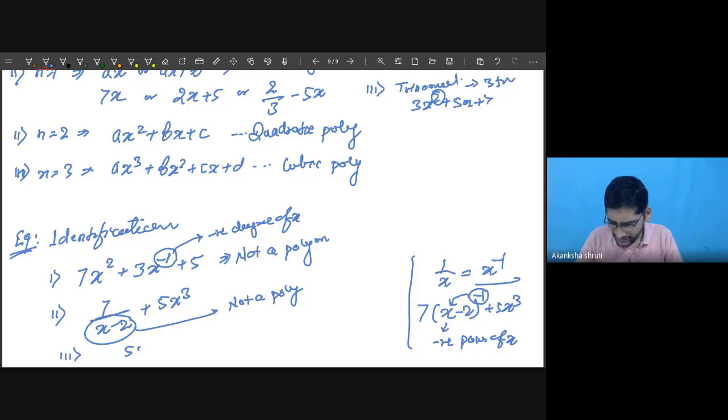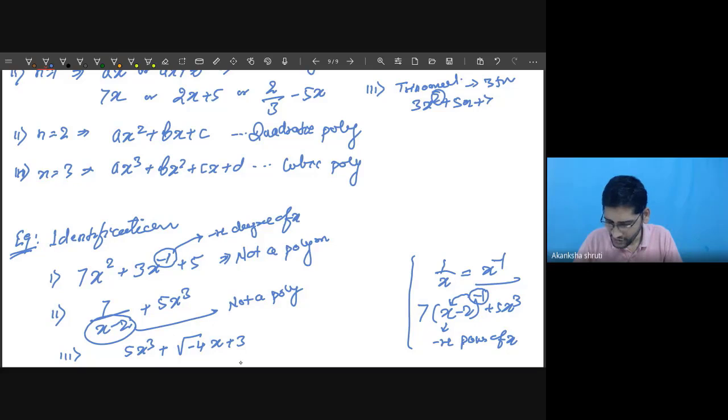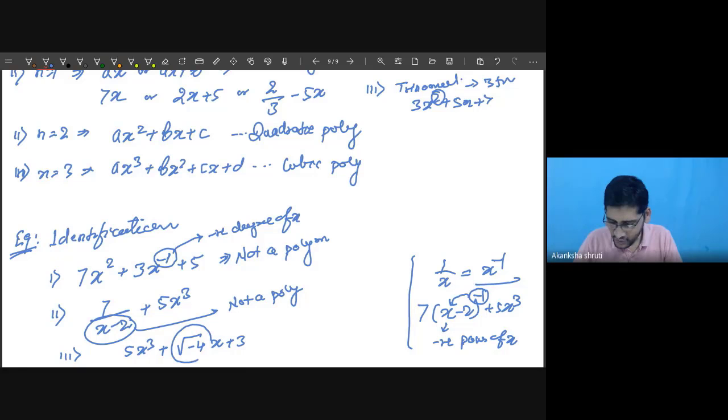Let us take 5x cube plus under root of minus 4x plus 3. Is it a polynomial, students? No, sir, because x has 1 by 2 in it. Where does x have the power 1 by 2? Sir, root of minus 4x, sir. Root of minus 4 is not a real number.